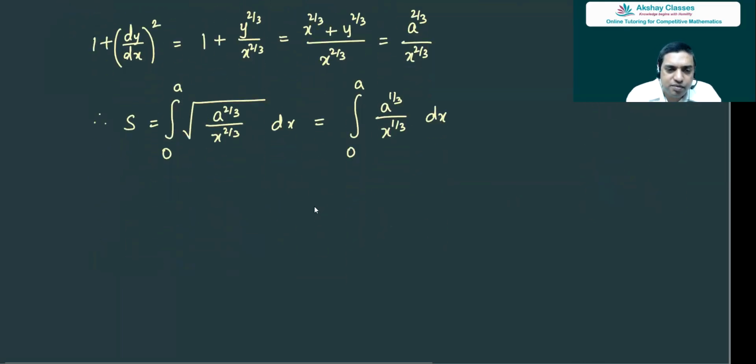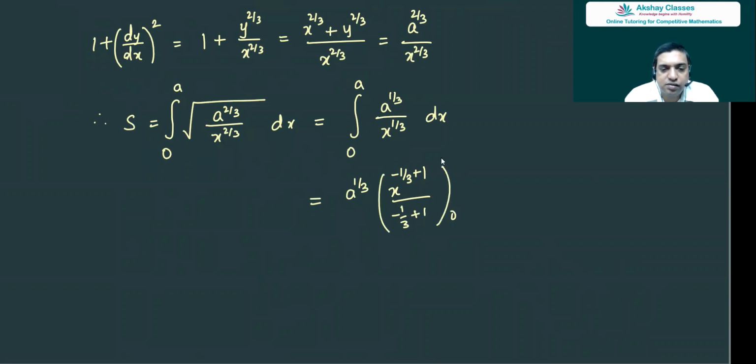Now this is very simple. It is a to the power 1 by 3 comes out. This is x to the power minus 1 by 3 plus 1, that is x to the power 2 by 3. So a to the power 1 by 3 times x to the power 2 by 3 by 2 by 3, 0 to a.